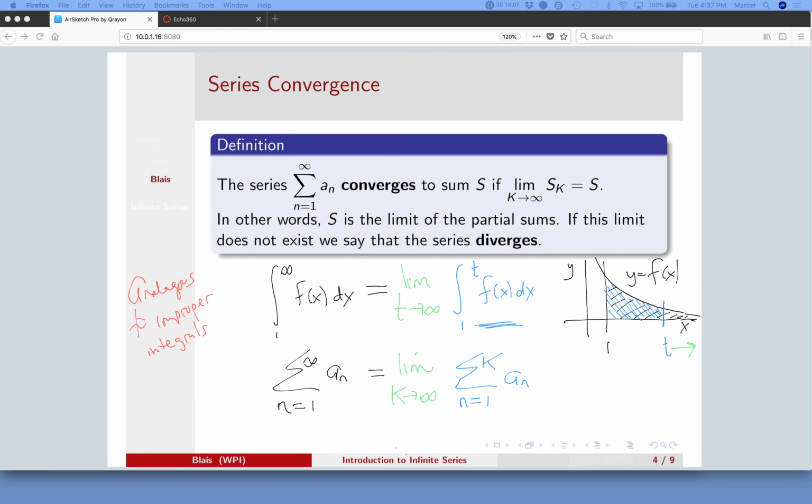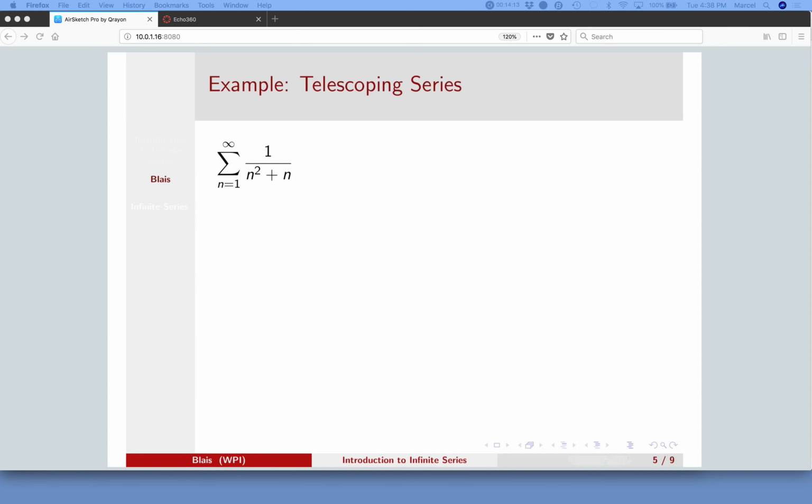One natural thing to do here is to use an example to sink our teeth into things and see how this works. This is an example called a telescoping series, and we will see why that terminology is used momentarily. In order to deal with this series, we have to go back to a technique from integral calculus to set up for it.